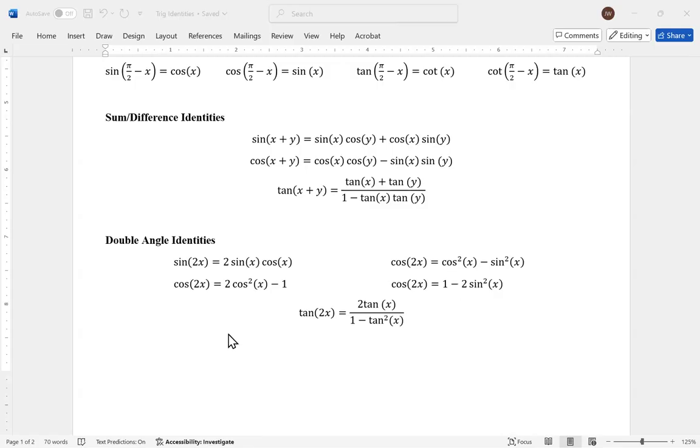I also have a 2 sine cosine in my problem as well. So I can simplify that using these double angle identities. I'm going to go backwards on them. So you don't have to do this by any means, but I'm going to just for the sake of simplification.